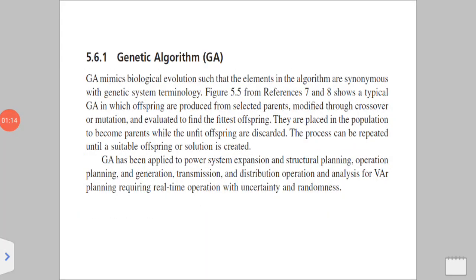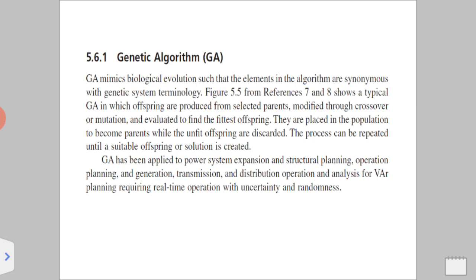The next is the genetic algorithm, that is called GA. It uses biological evolution, in which selected parents are used to produce offspring, either through crossover or mutation, to get the fittest offspring.